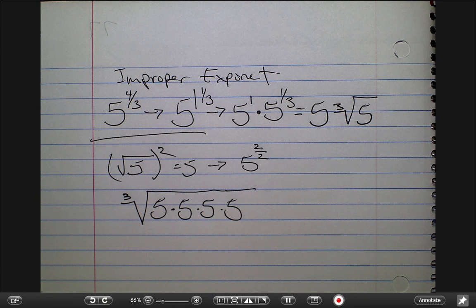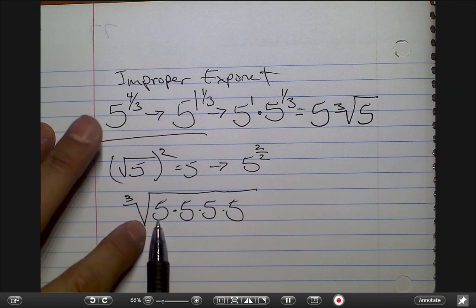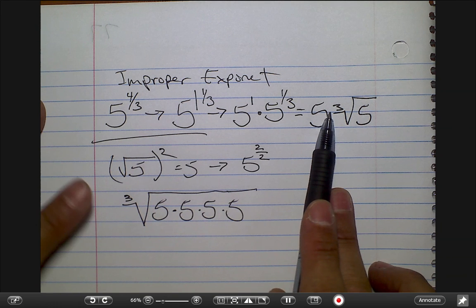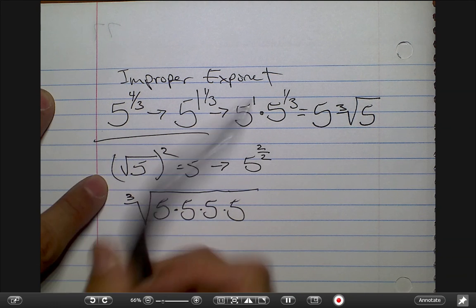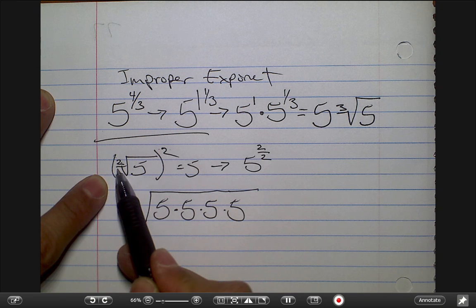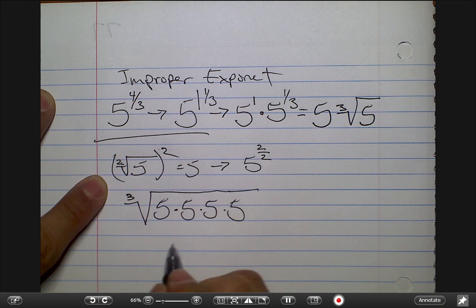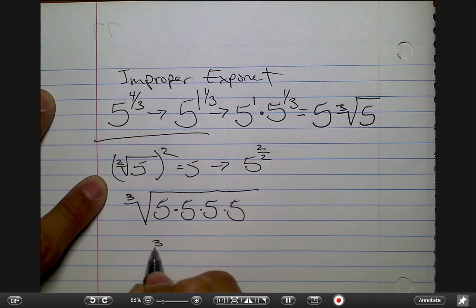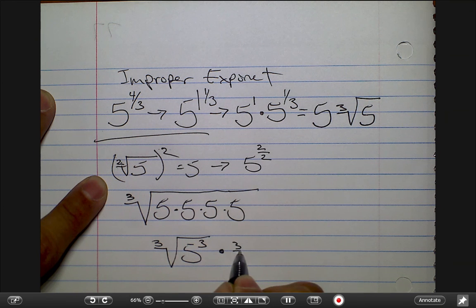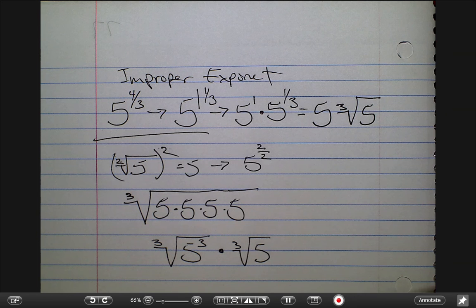So what I did is, by taking this piece out, since 2 and 2 gives me my whole right there, if I regroup it, as in the cube root of 5 to the 3rd times the cube root of 5, this is a regrouping method.